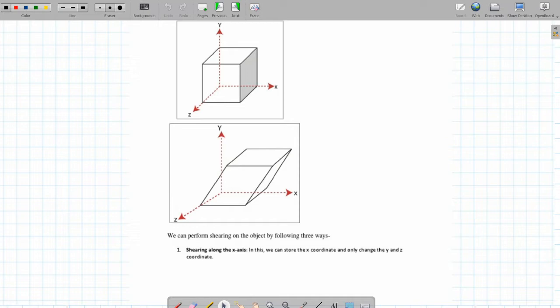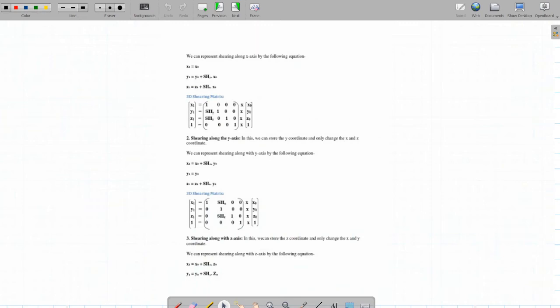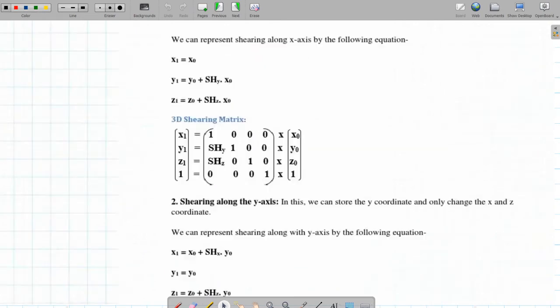If you apply shearing along x-axis, then x coordinate values actually don't change. Only change occurs in the y and z coordinates, and mathematically it will look like this.